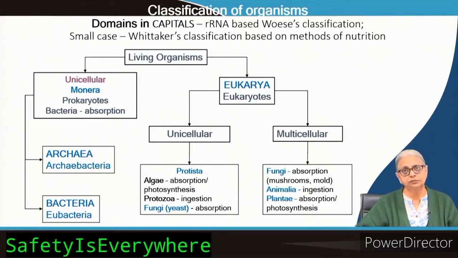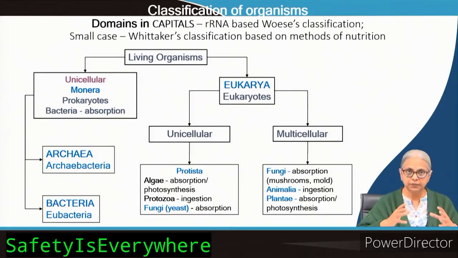So the fundamental difference, at the first level, is whether they are unicellular or multicellular. But when we talk about prokaryotes and eukaryotes, we don't really focus on the fact that all prokaryotes are unicellular by definition, but that's not the defining characteristic. The defining characteristic between prokaryotes and eukaryotes is that prokaryotes have no nucleus.